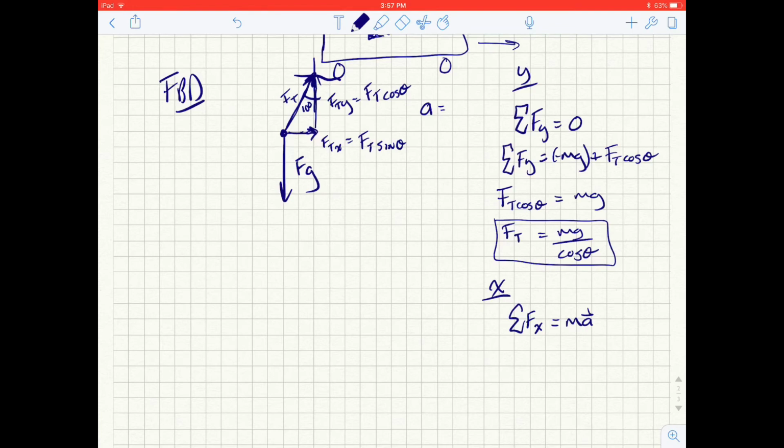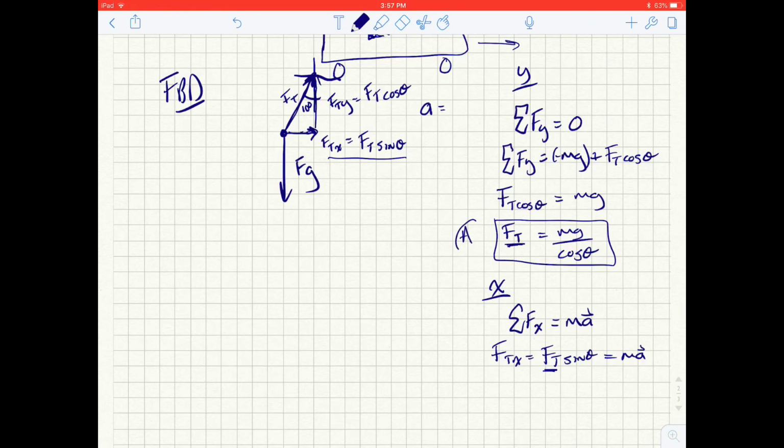Let's forget about mass for now. You may see that mass could possibly cancel out. The sum of all the forces in the x direction, well, there's only one, and that is the x component of the tension force, which is Ft times sine theta is equal to ma. We have a substitution that we can perform here.